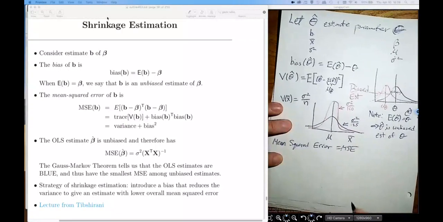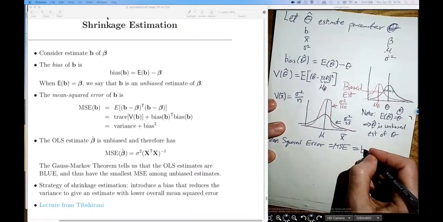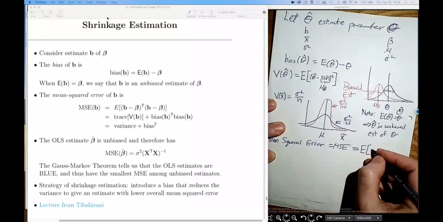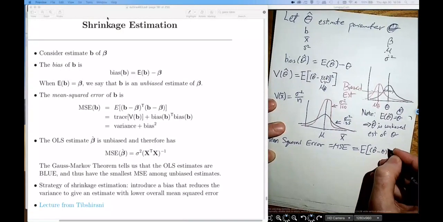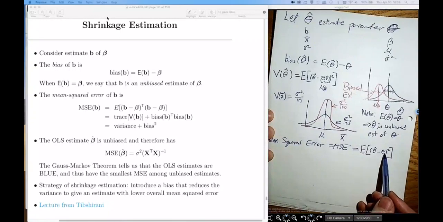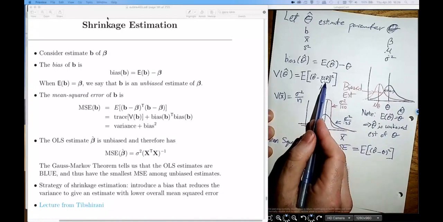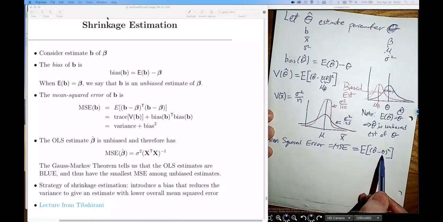The definition of MSE is the expected value of theta hat minus theta, squared. The way to think about this is, how far is my statistic from the parameter? Not how far the statistic is from its mean, which is what I have with the variance, but how far it is from the thing I'm trying to estimate.